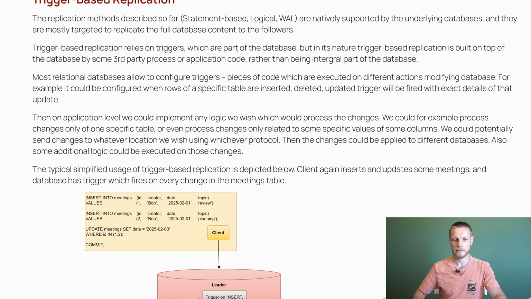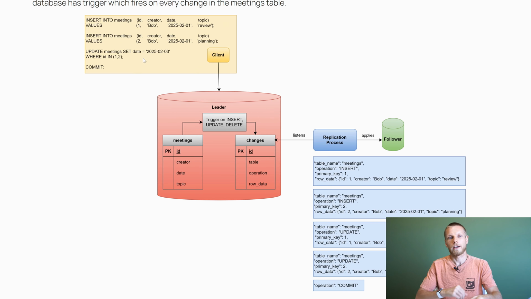For example, let's see how it works. On this picture, we again have our booking system, and Bob creates 2 meetings and then updates them. Now we have our table, and we have a trigger on the leader which listens to insert, update or delete events.